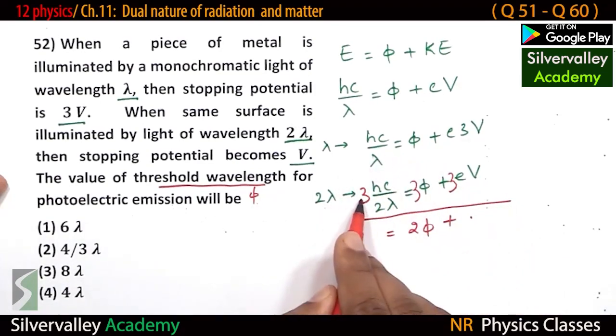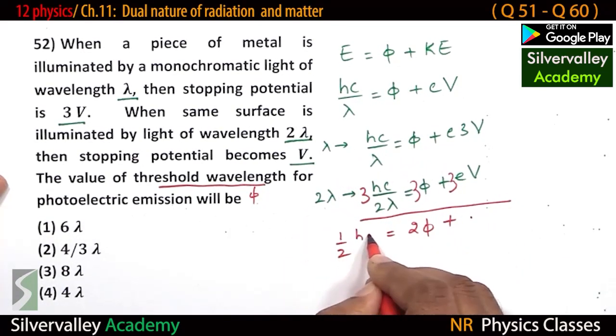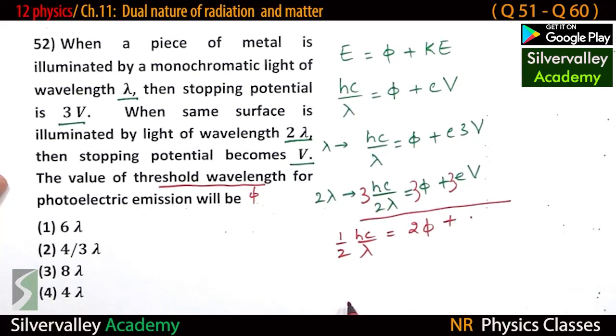This minus this: 3 by 2 minus 1 is 1 by 2, so hc by lambda. And what is phi? hc by lambda naught, threshold wavelength, and it equals hc by 2 lambda. hc cancels. This implies that lambda naught, which is the threshold wavelength, equals 4 lambda.